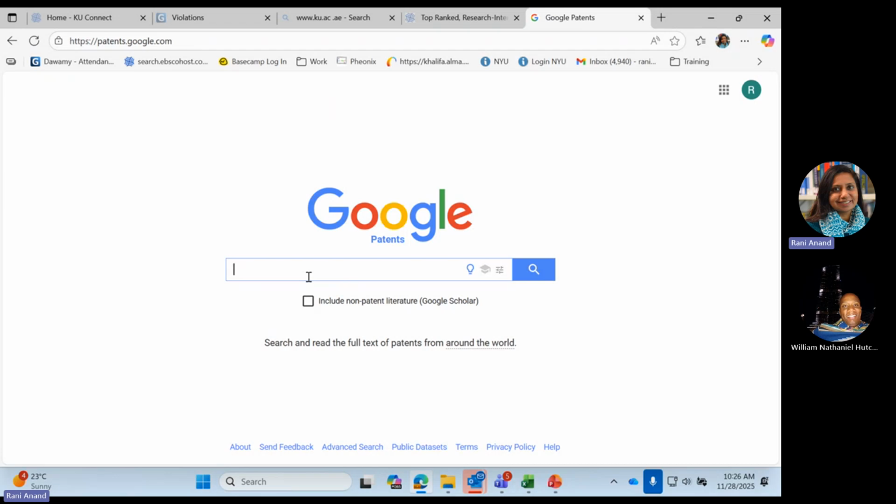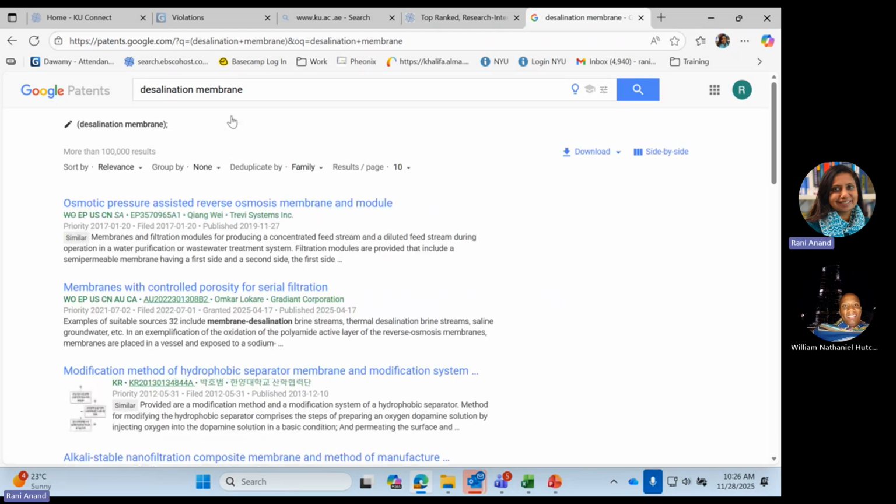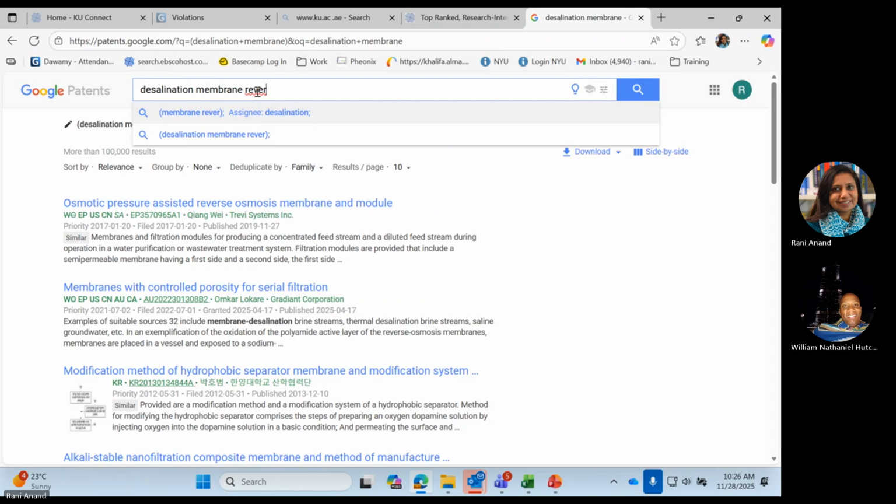So if we search for a membrane for desalination, let's search: desalination membrane, then reverse osmosis, non-chemical.